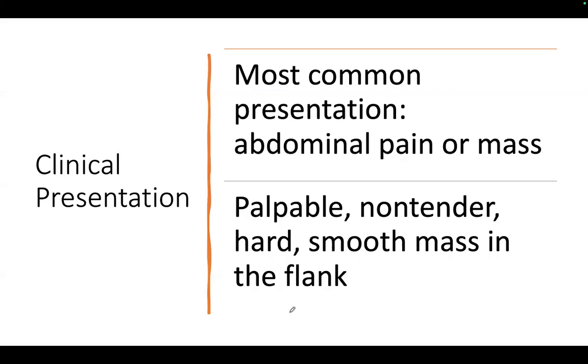Now, the most common presentation, since we're preparing for exams, of all of the manifestations I mentioned earlier, is abdominal pain. Abdominal pain is the most common. And when there is a mass, it's either in the abdomen or the flank. Number one, it's palpable. Number two, it's non-tender. It's hard and it is smooth.